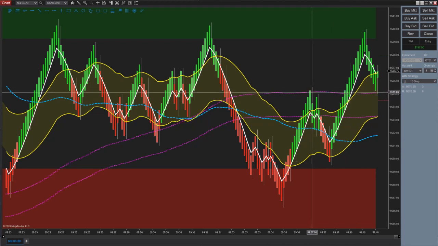They jumped through 14 ticks from the top of this. By the way, red and green zones, that's a setting 120/40.